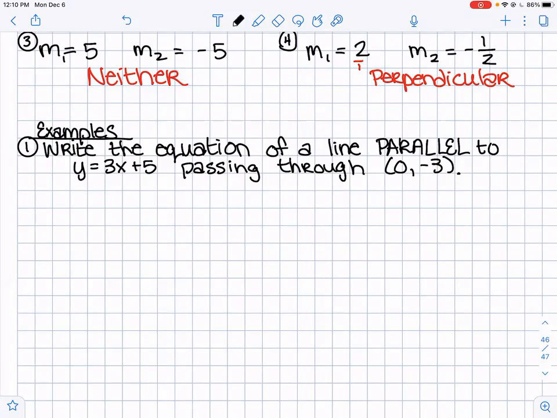Does anybody remember what slope-intercept form is? That's point slope. Slope-intercept form.